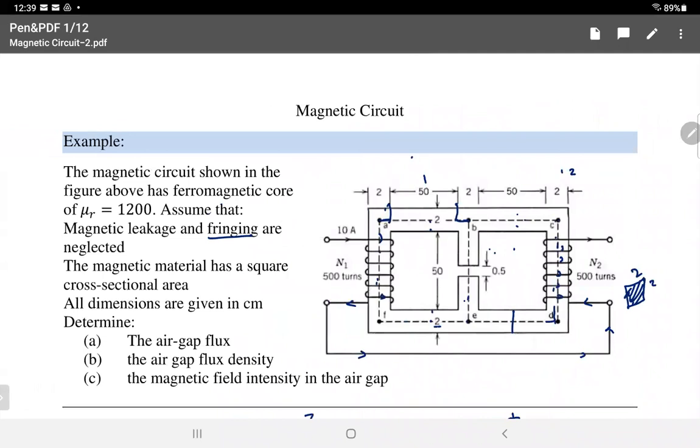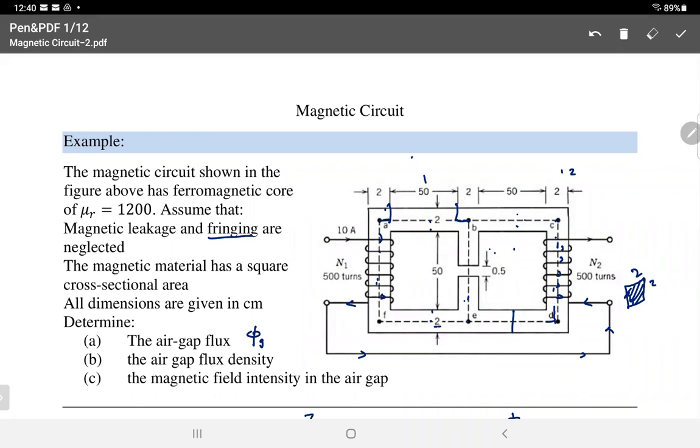Remember in this one, the first thing that you need to calculate is the air gap flux. Air gap flux means phi G. Phi G, the flux in the air gap, is the one in the middle, which is equal to phi 1 plus phi 2. So actually, I need to solve this magnetic circuit to find the fluxes, phi 1 and phi 2, and then add them.